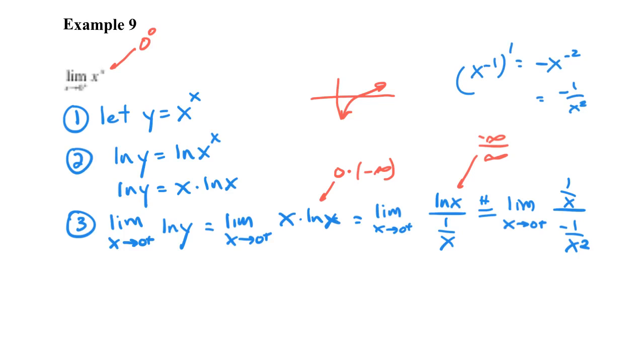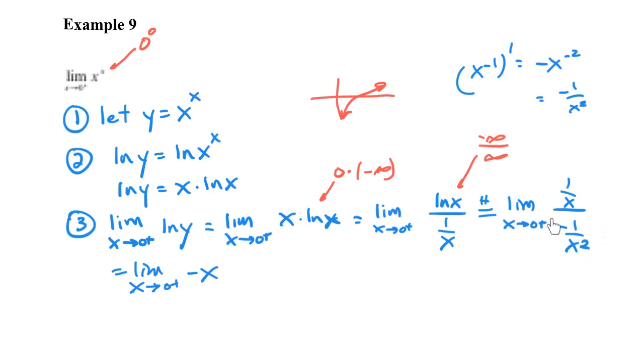So if we clean this up a little, this is 1 over x divided by negative 1 over x squared, which is the same as 1 over x times the reciprocal of this, which is just negative x squared. So that's just going to give us the limit as x approaches 0 from the right of just negative x, right?